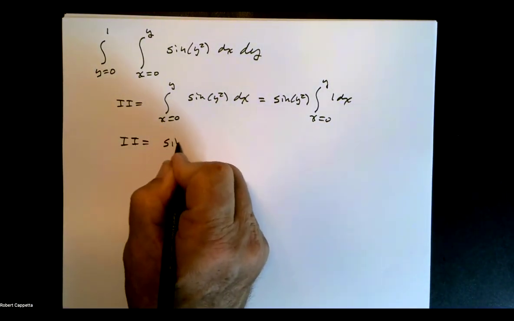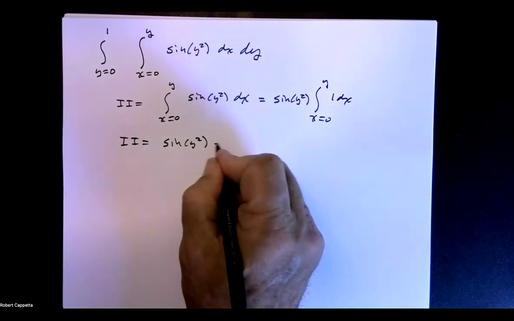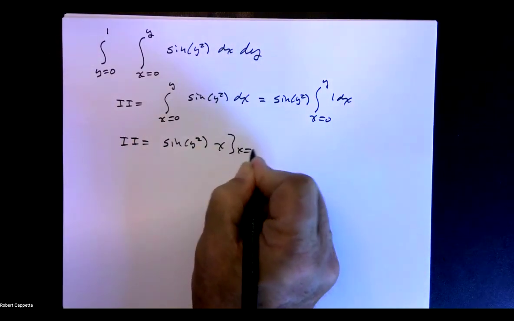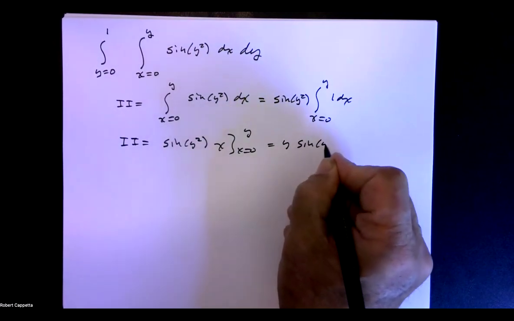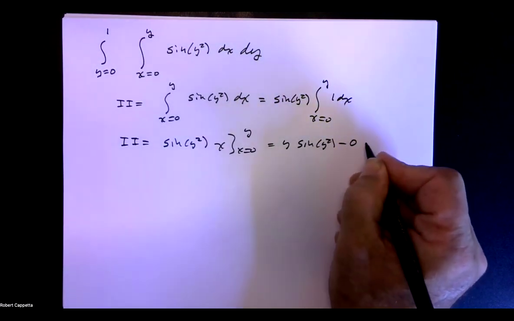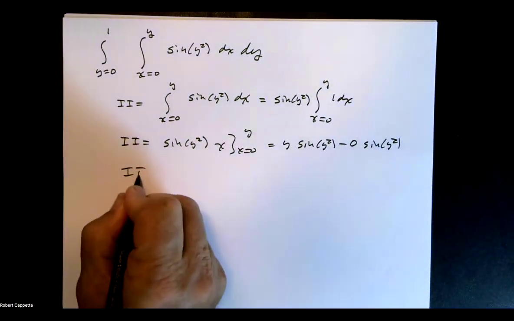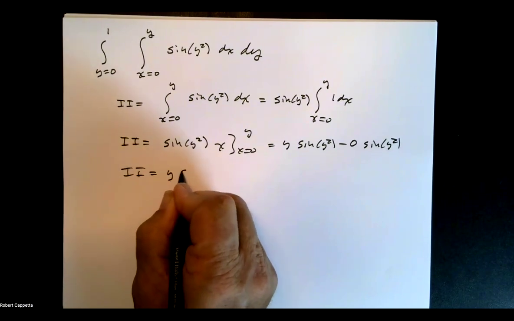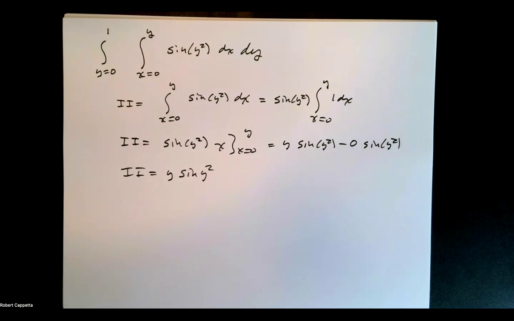The antiderivative of 1 is just x, as x ranges from 0 to y. That gives me y sine y squared minus 0 sine y squared. So my inner integral here is y sine y squared, which is a much improved function to work with.